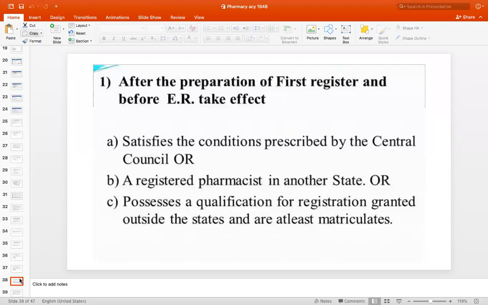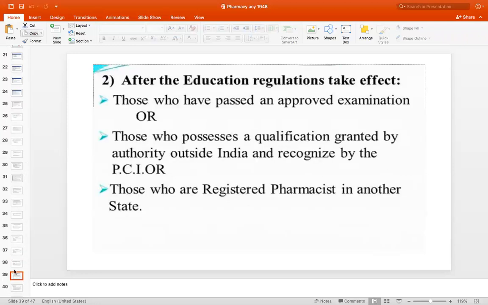So if you are in such a state where education regulations are not formed, then you should at least fulfill the rules or regulations of the Central Council, or be a registered pharmacist in another state at least, or possess the qualification of registration granted by other states and be at least a matriculate. So you should at least pass 10th standard and be qualified by another state also. With these conditions, you can register in the subsequent register, not in the first register.